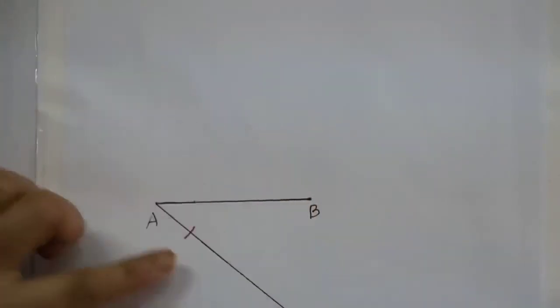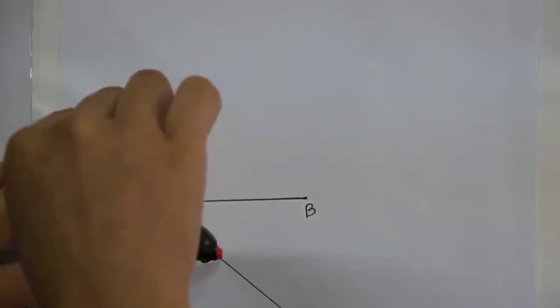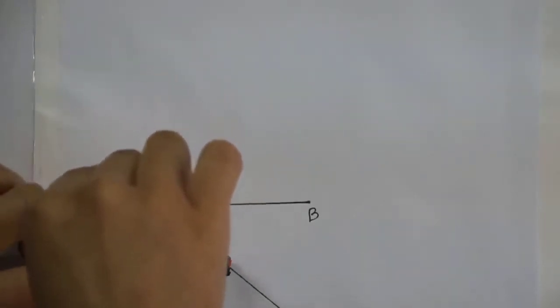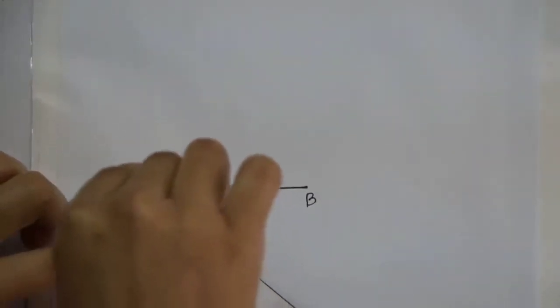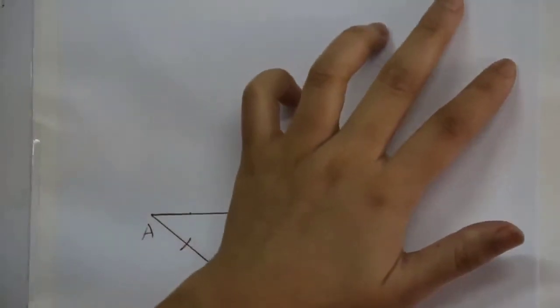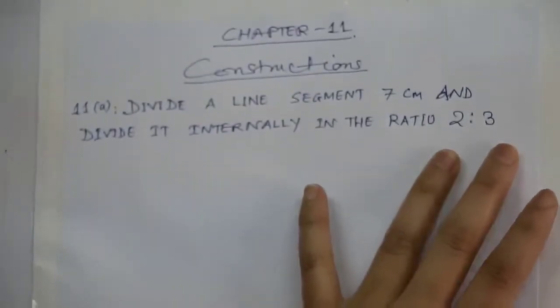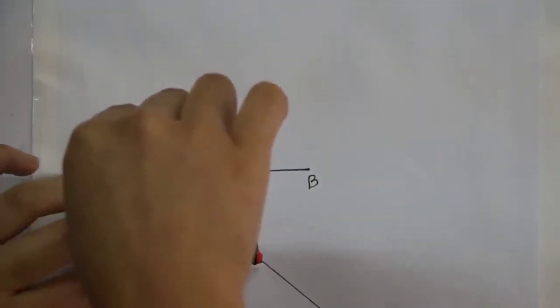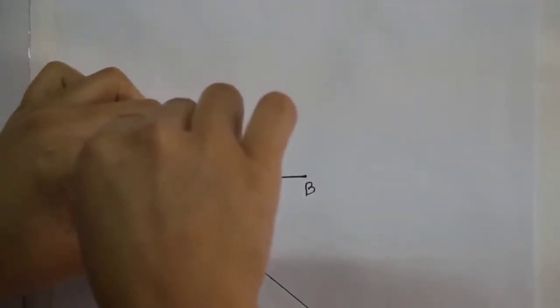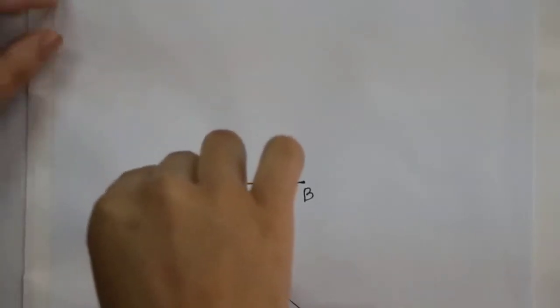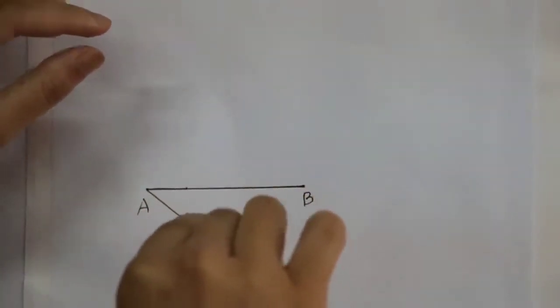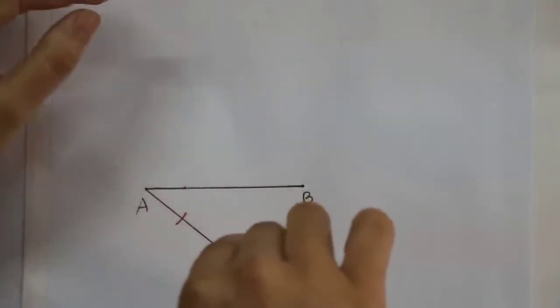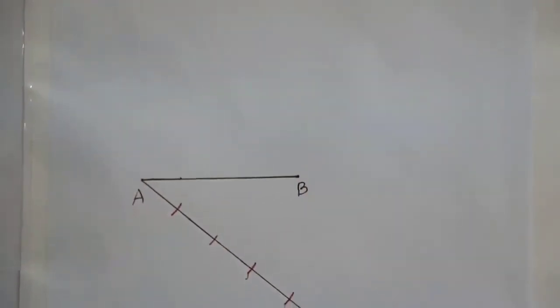Same arc again, at this point of intersection, you cut again. One more. How many do you have to cut? Since the ratio is 2:3, which adds up to 5, you just cut 5 points. I've done 2, so cut 3 more. 3, 4, then 5.